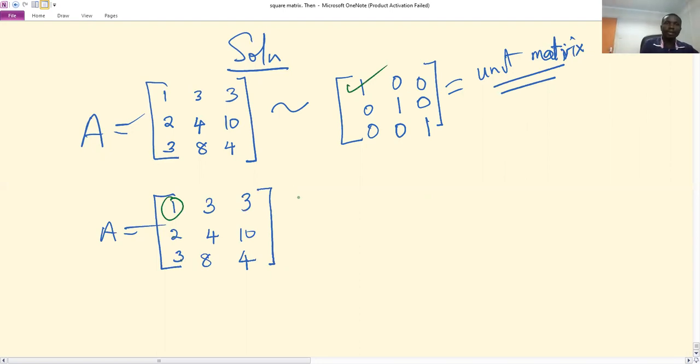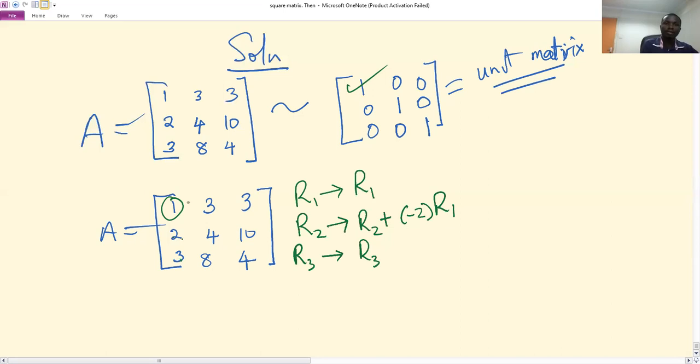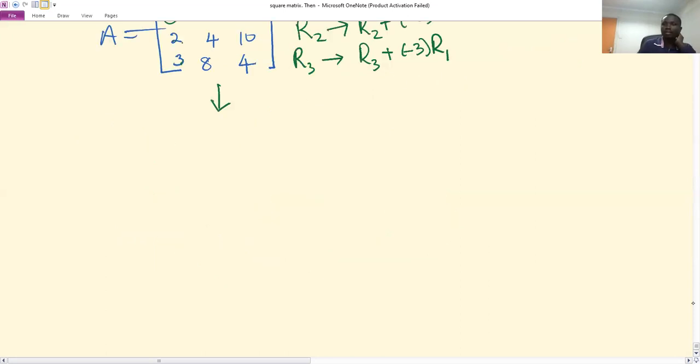So I'll say row 1 to remain row 1, and then row 2 to be row 2 plus, I need to multiply row 1 by -2 so that when I add to 2, I get 0. So -2 row 1. And then for row 3, you need to multiply this one by -3 so that you get 0 here.